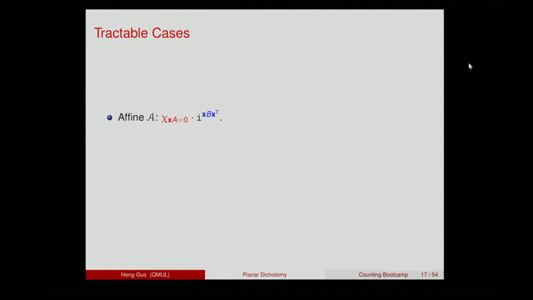We can count the solutions to affine linear systems, right? And this is a generalization of that. And interestingly, this also corresponds to something called Clifford gates in quantum computation, which can be simulated classically efficiently. Well, the reason is it's tractable. So the world is still consistent.